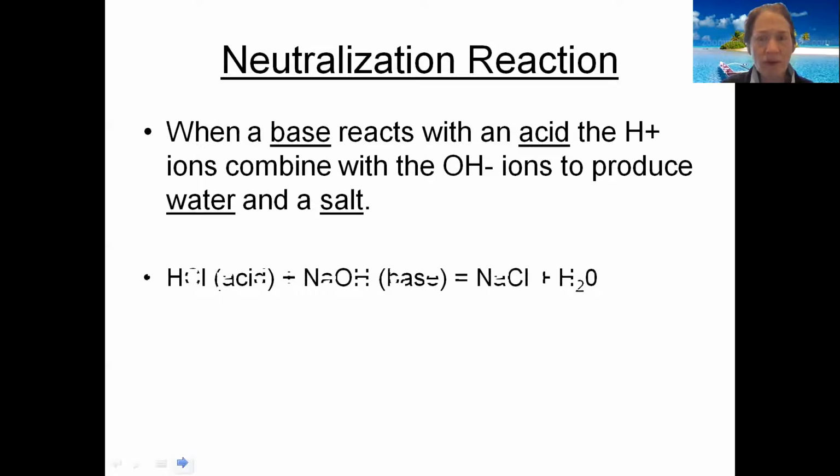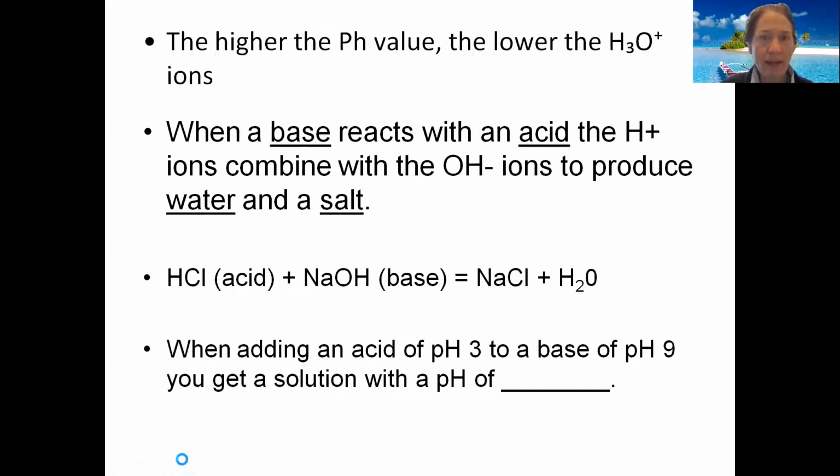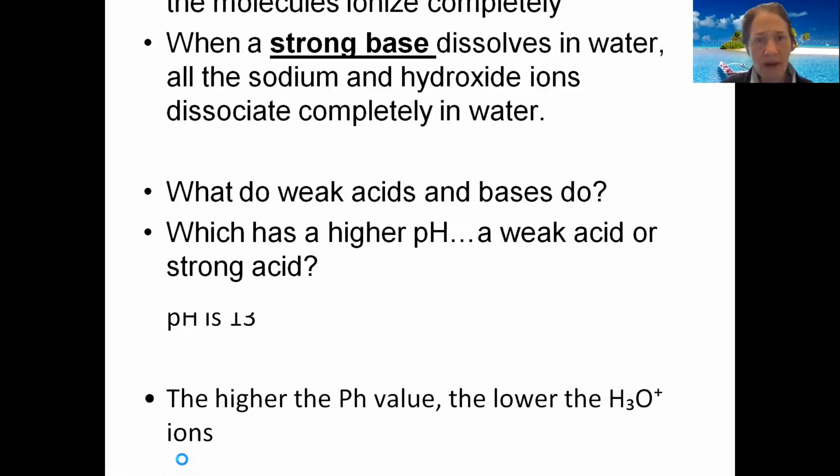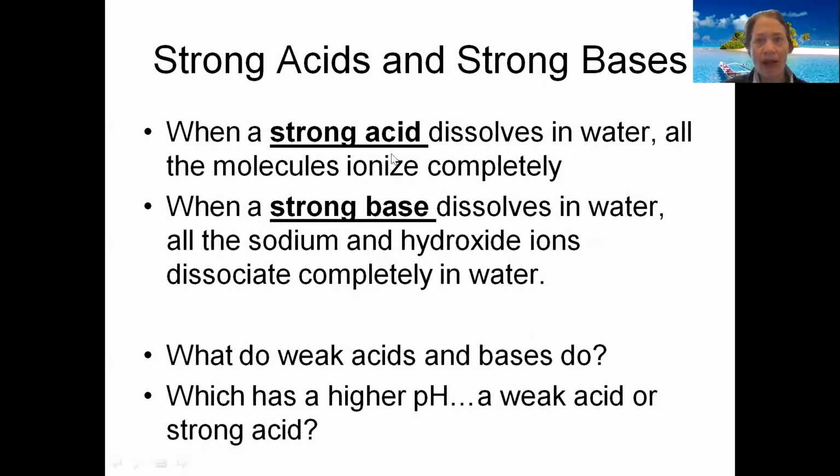We talked about neutralization reactions already. So when a strong acid dissolves in water, the molecules totally ionize, completely dissolve, totally ionize. And that's where we get a pH of 1 or 2. When a strong base dissolves in water, they dissociate completely in water.